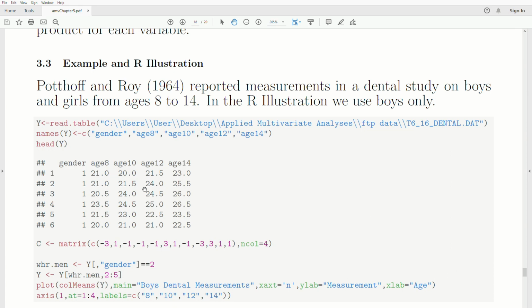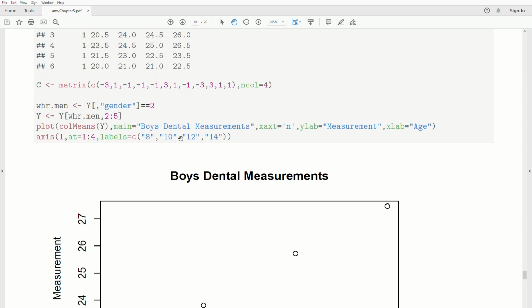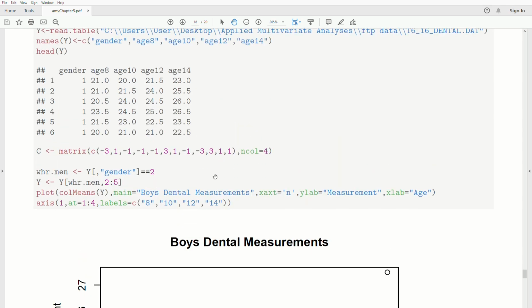And here's the first 6 rows, the head of our data matrix. We create a matrix C. I wish I would have printed it, but these are orthogonal polynomials that we're going to test to see if there's a linear trend, a quadratic trend, or a cubic trend in the data.